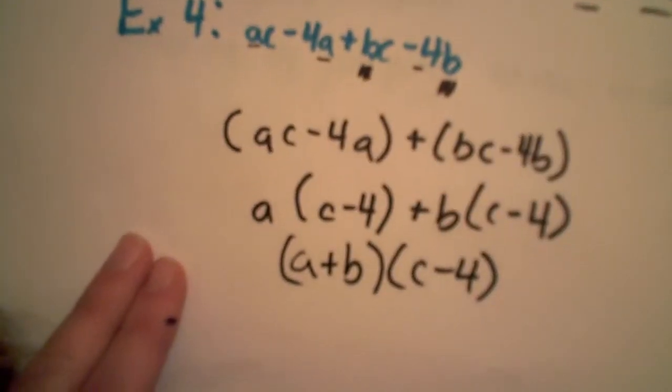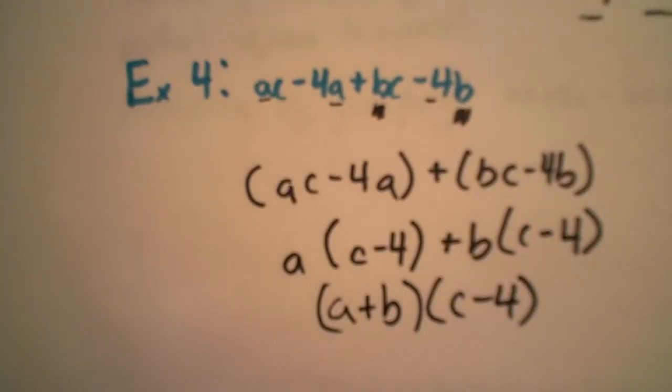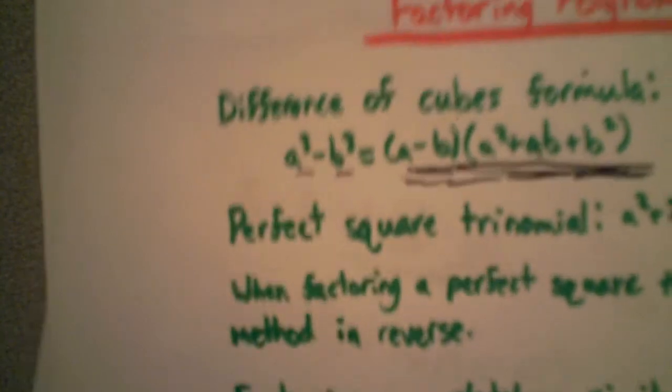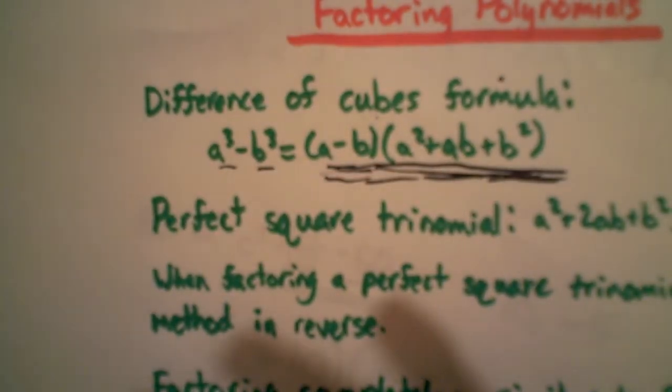And that's as simple as you get. So that is the simplified form of this polynomial. That's pretty much how you do these. They're not too hard. Fairly simple algebraic knowledge is all that's required. So I hope that helps.